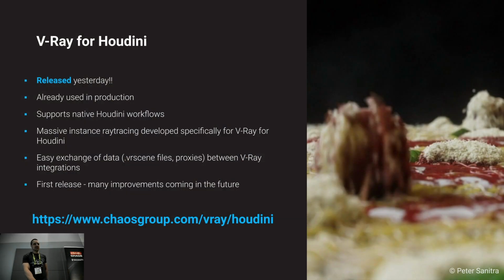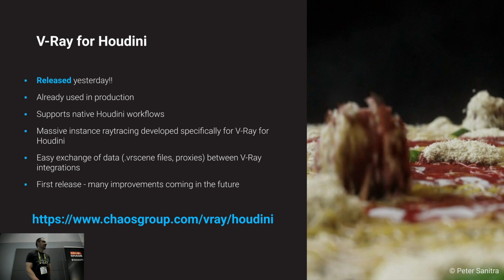So this ended up being closer to a year, but the delay was worth it because it allowed us to make VRay for Houdini more stable and more usable. So the first version is really good. We already have a couple of customers that have used it in production and it seems to be fairly stable and works well. It supports a lot of the native Houdini workflows.